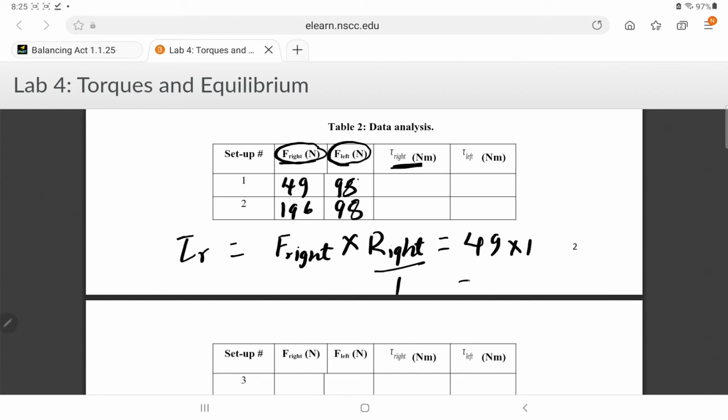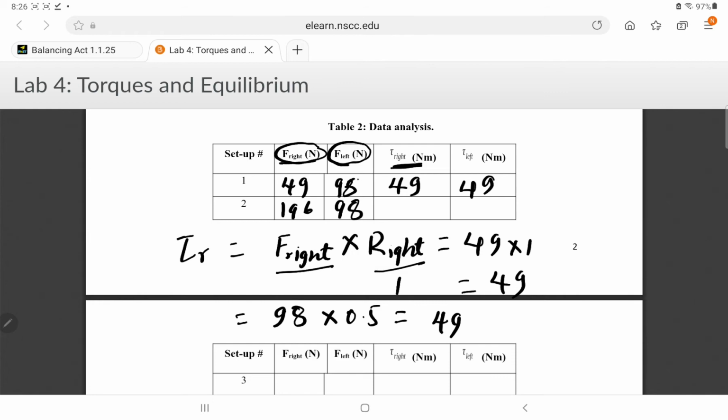So multiplied by 1, it will give you 49. I can write down 49 here. For the left, force is 98, so I write down 98 for F left, multiplied by r left, which is 0.5. If you multiply this, you will get 49.